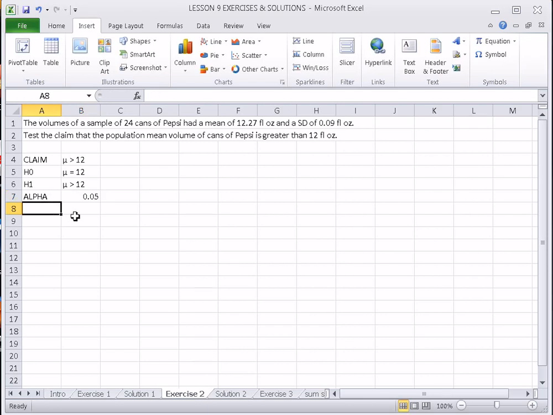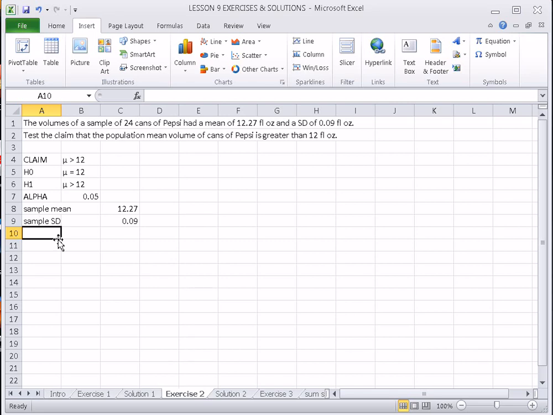And now we can list the information that was given to us. So we see that the sample mean is 12.27. The sample standard deviation is 0.09.